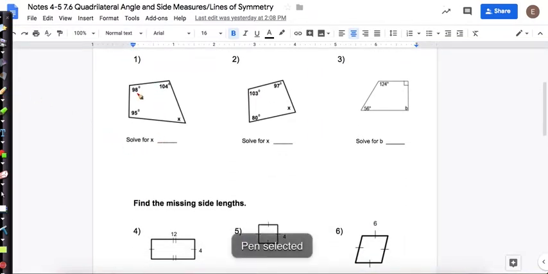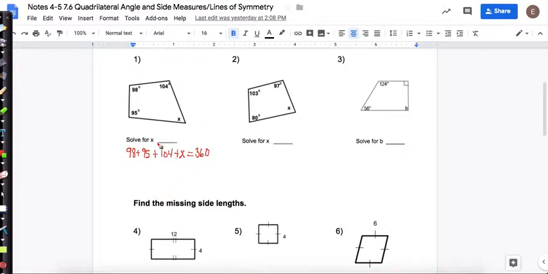We have 98, 95, and 104. So we're going to add those up, and if we add x to it, it will equal 360 degrees. So watch how I set this up. We have 98 plus 95 plus 104 plus x will equal 360 degrees.